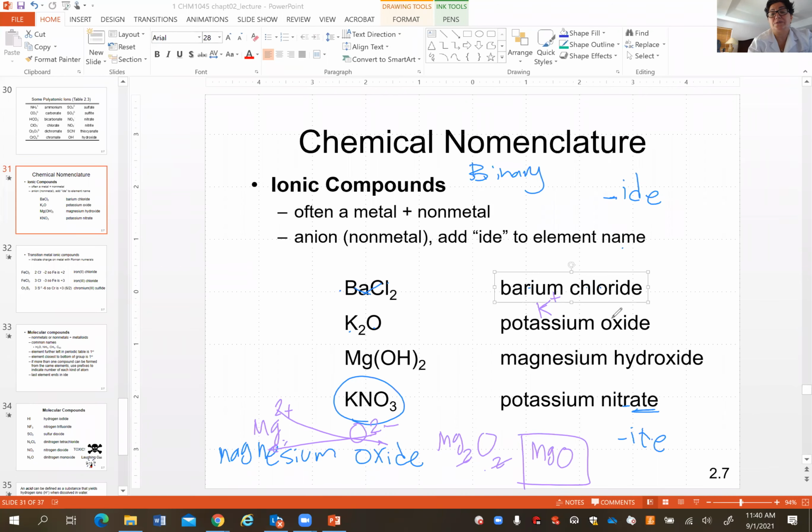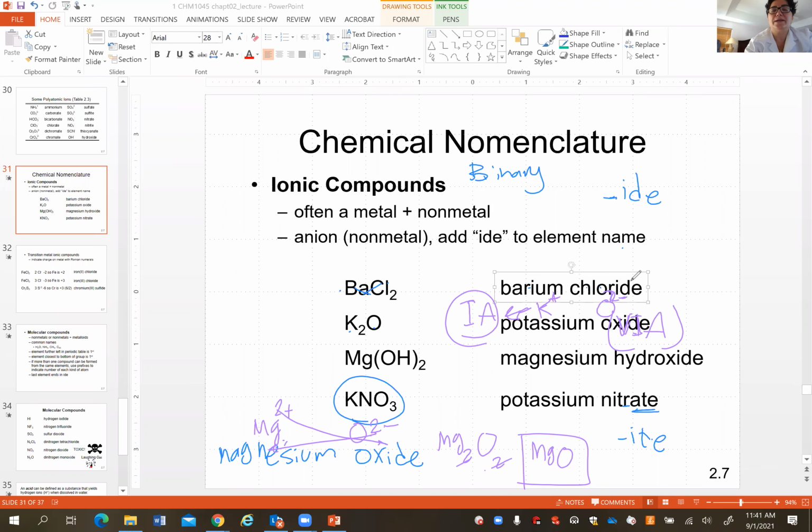What would be the charge for oxygen in group 6A? -2, perfect. So we have +1 for potassium and -2 for oxygen, because potassium is in group 1A and oxygen is in group 6A.